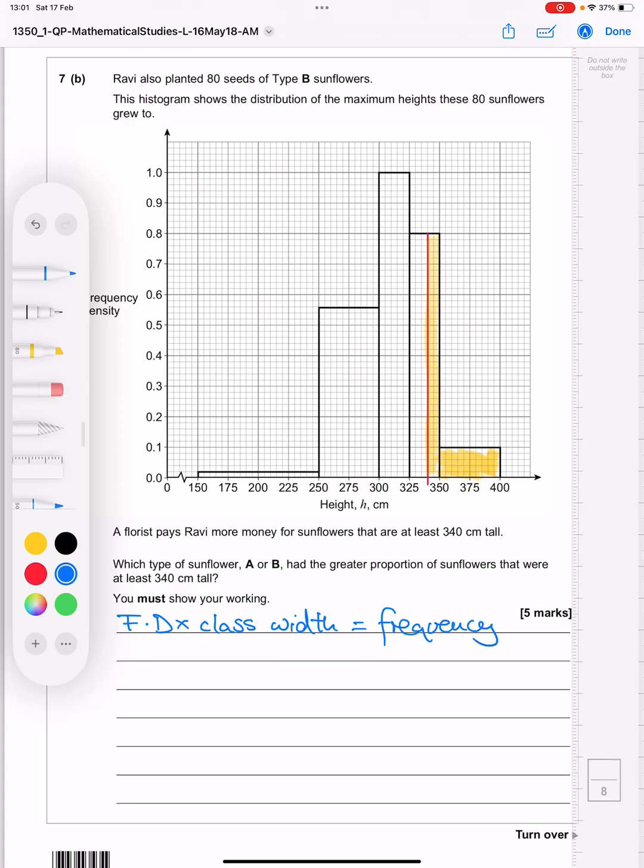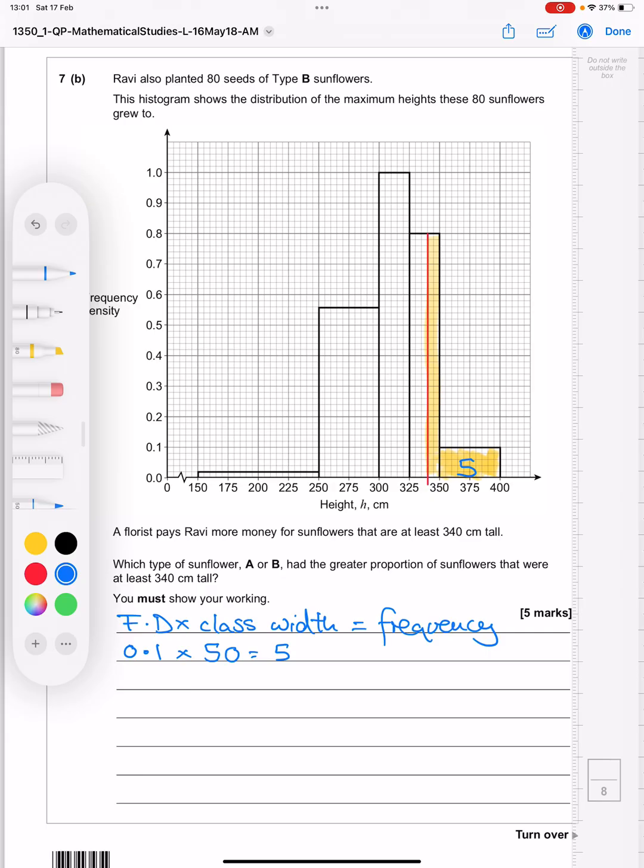Okay, so let's do it on this rightmost bar. The frequency density is 0.1. And the class width, 350 to 400, that's 50. Grab the calculator, 0.1 times 50 is 5. Okay, strictly, I didn't really need a calculator for that, but whatever.